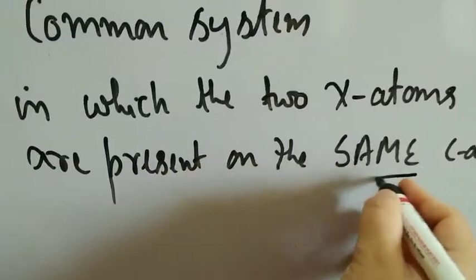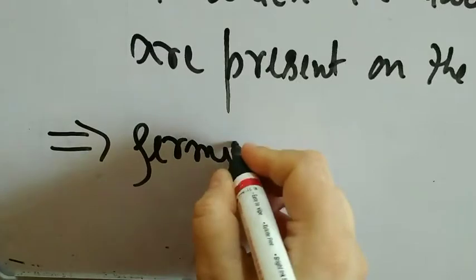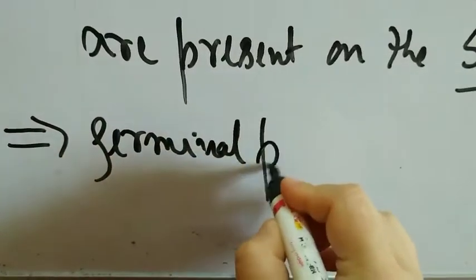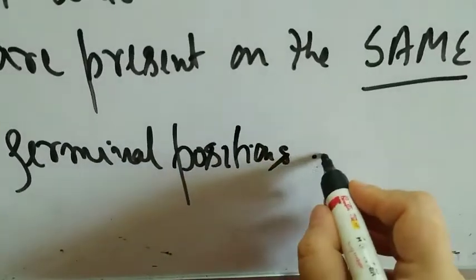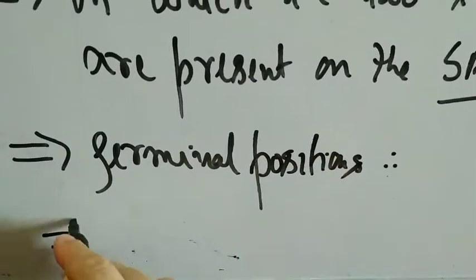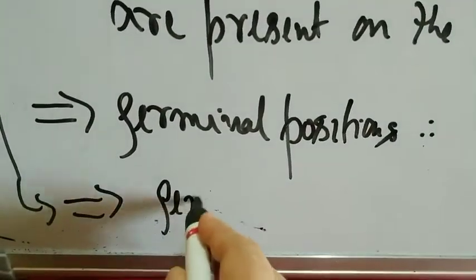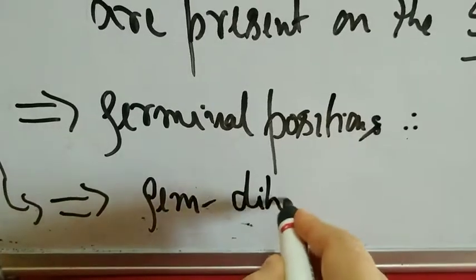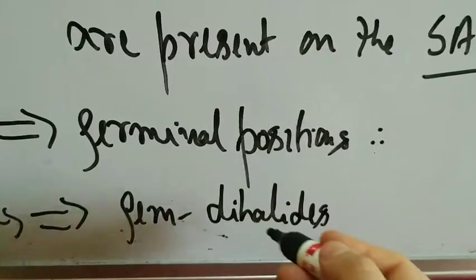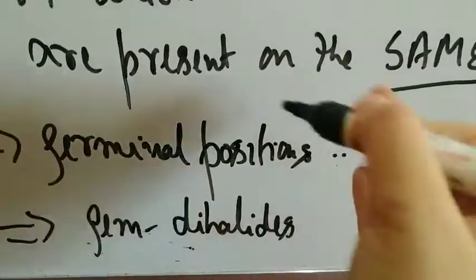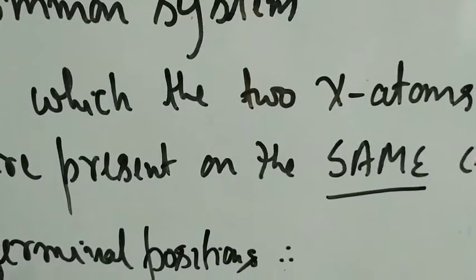Remember it: same. Now this same position is called the geminal position. When the substituents are present on the same carbon atom, it is called the geminal position. Therefore, alkylidene dihalides are also called gem dihalides. You must have heard about the class, gem dihalides. Now, what is a gem dihalide? A dihalide in which both the halogen atoms are present on the same carbon atom.